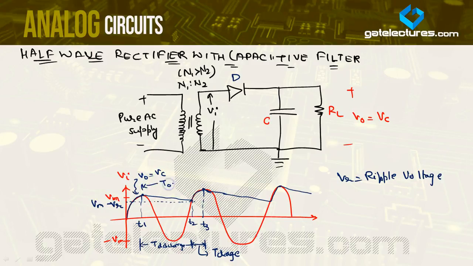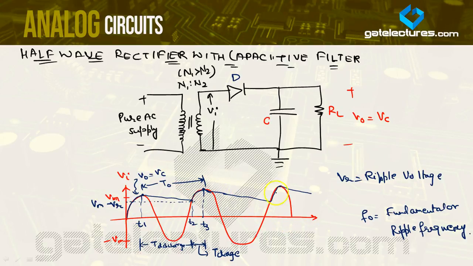This is T naught, because F naught is basically the fundamental frequency. In the half wave rectifier, we know F naught is the fundamental or ripple frequency, as already discussed. Okay, this is how it looks.